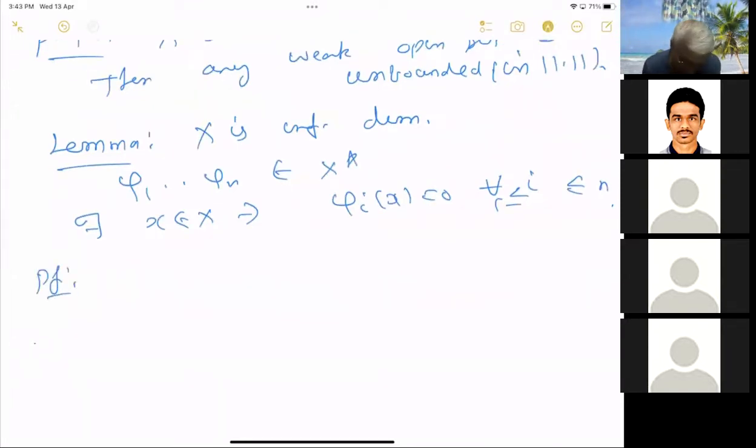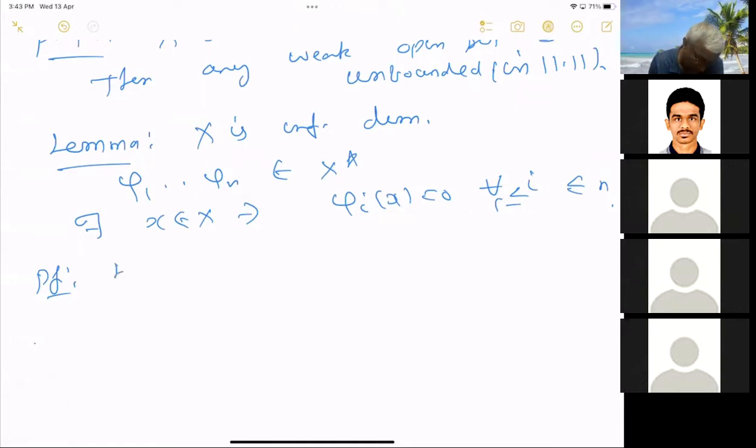We have some collection of linear functionals and X is infinite dimensional. The range of a linear functional is one dimensional, and if you take a collection, it can be at most n dimensional, so you will have some vector in the extra space. Even if you take the intersection of the kernels, you will have some vector. Let me just do it.